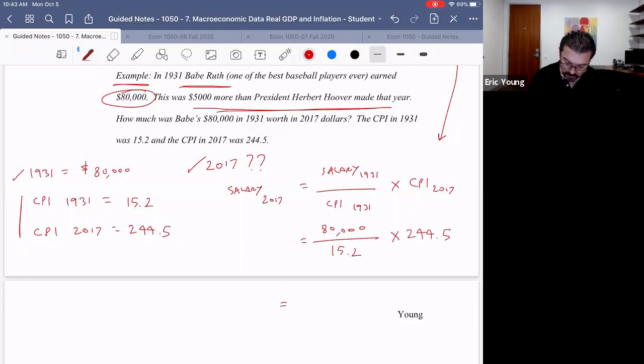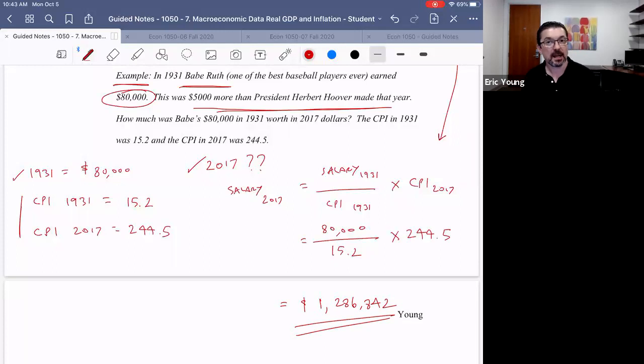244.5, which would basically mean that if the Babe was earning $80,000 in 1931, to have the same purchasing power, to have the same salary impact, his salary would be $1,286,842.